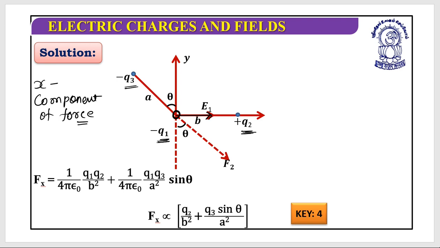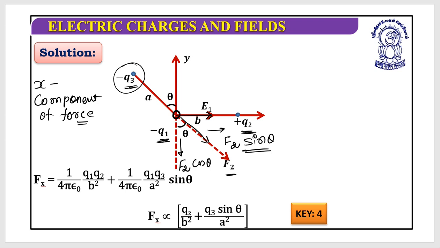Now this is minus q1, this is minus q3, both are of the same polarity, so it should be moving like this. This is the force due to q2, and this is the force due to minus q3. So if I make components of this, this is F2 cos theta, and this is F2 sin theta.